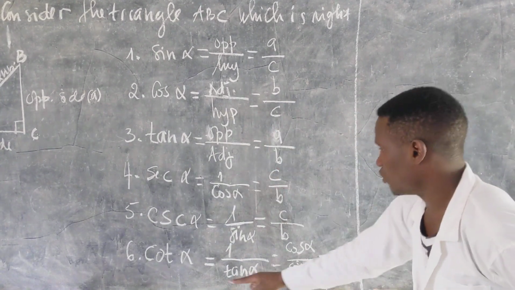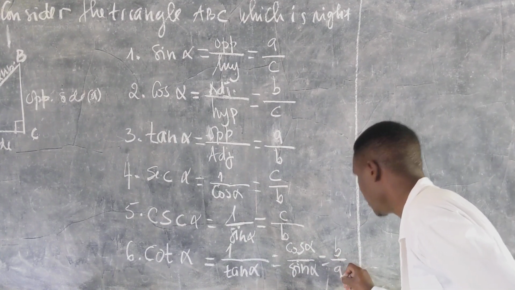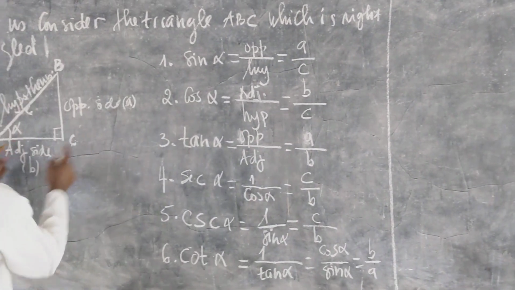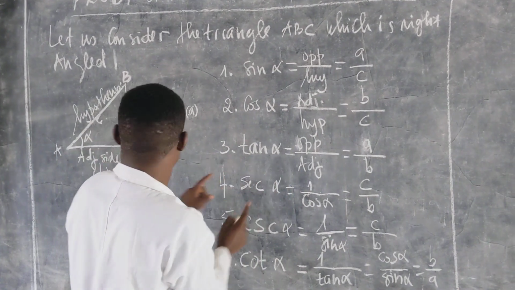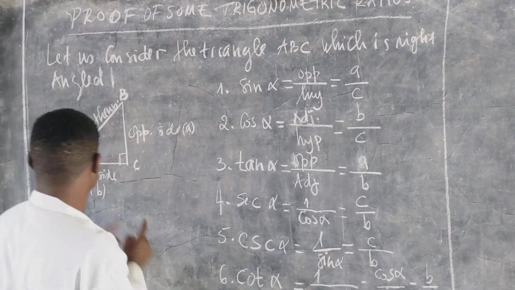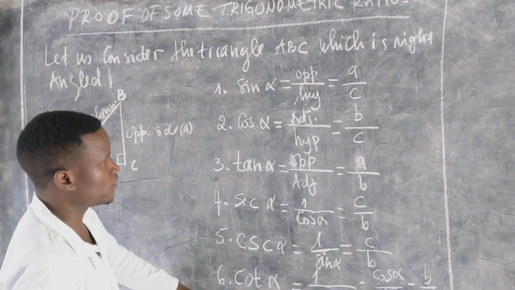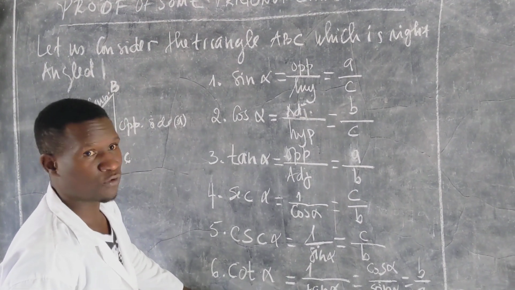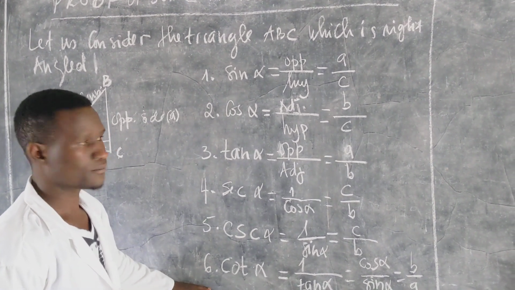So cotangent of alpha is equal to b over a, which is the adjacent divided by the opposite. Remember that for tan, it is the opposite divided by the adjacent. For cotangent, it is the adjacent divided by the opposite. These are the 6 trigonometric ratios, which are fundamental formulas while dealing with trigonometry.